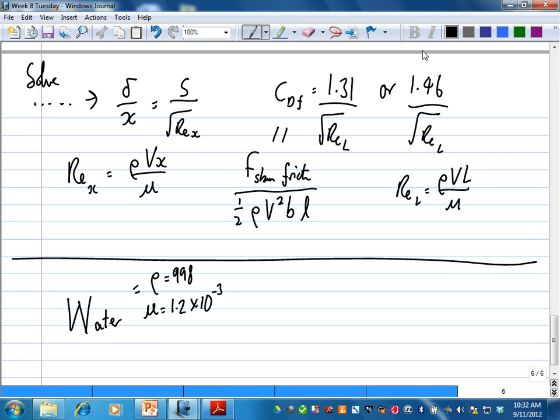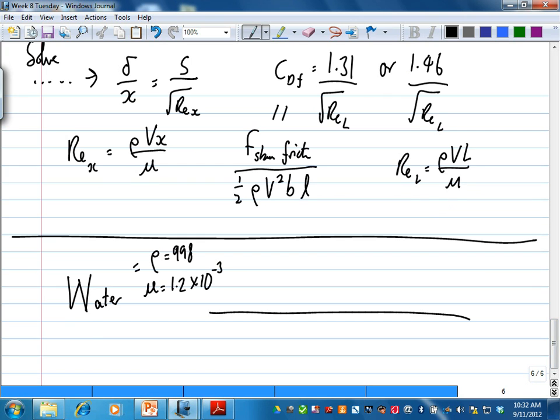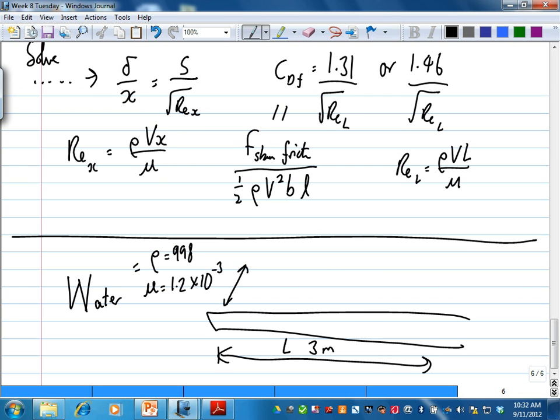Okay, so let's assume water. And there's a plate. There's a plate here. Say the length, say 3 meters, the depth into the page. L equals 3 meters. For B, just put 1 meter.